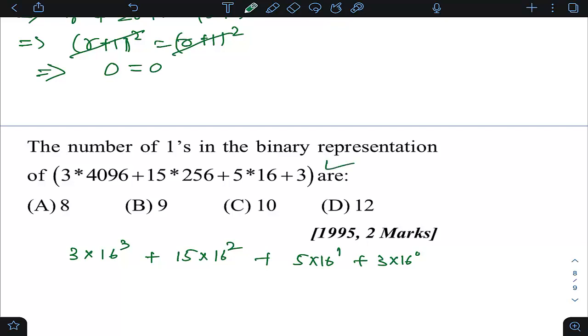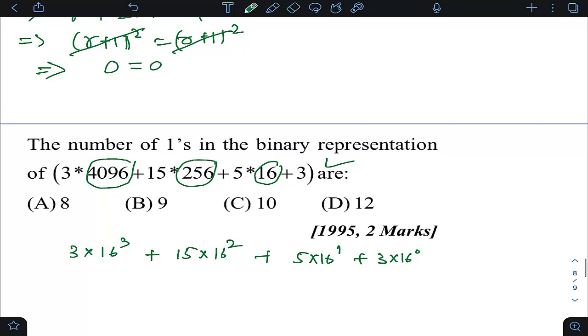So I have just expressed this as 16 power 3, 16 power 2, 16 power 1, and 16 power 0. Don't you think this entire expression can be expressed as 3, then 15 which is F, then 5, and then 3? This is in base 16.